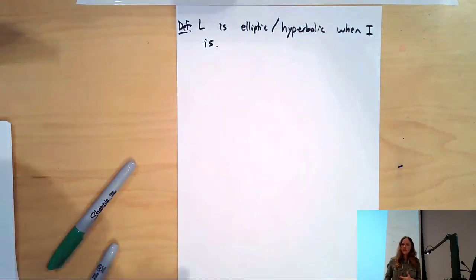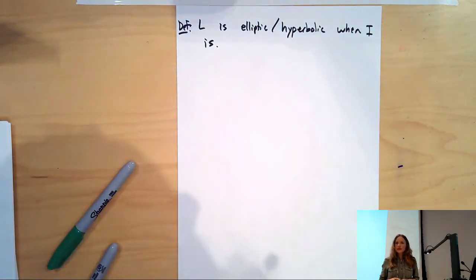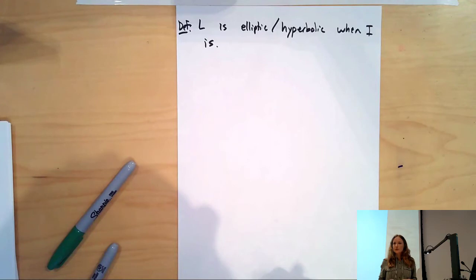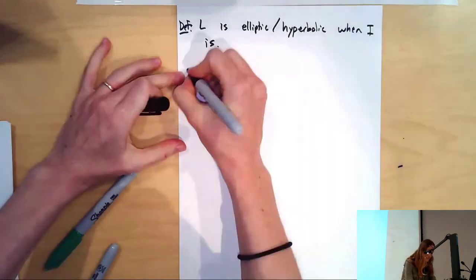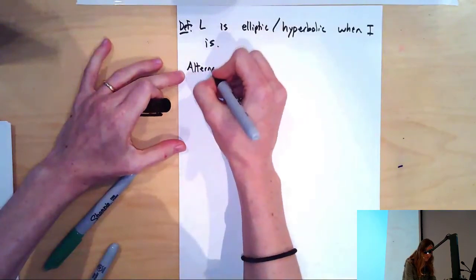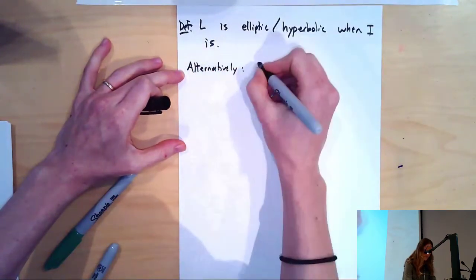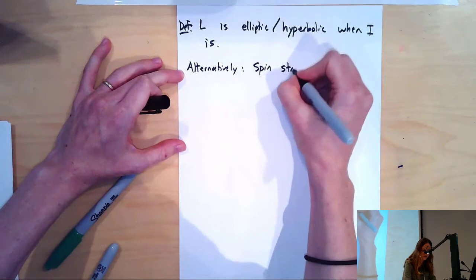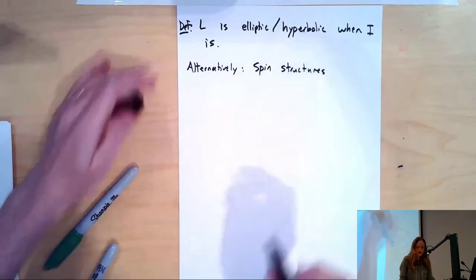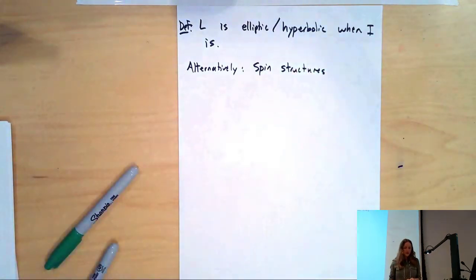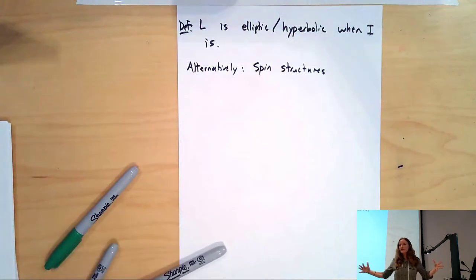Maybe the most natural way to see that there ought to be a distinction between 2 types of lines is actually with spin structures. So a cubic surface is inside 3 space, and so are we. So for a real cubic surface, we've got a real surface inside the room, and then we have a line on this surface.